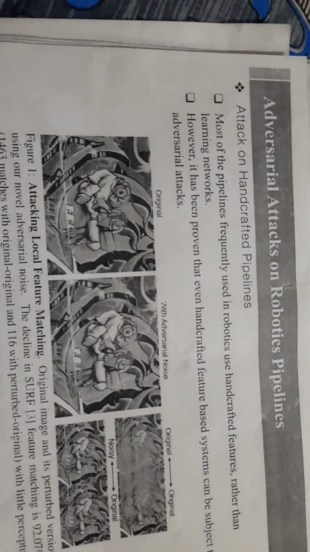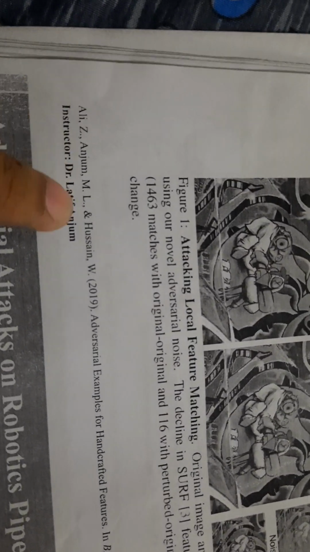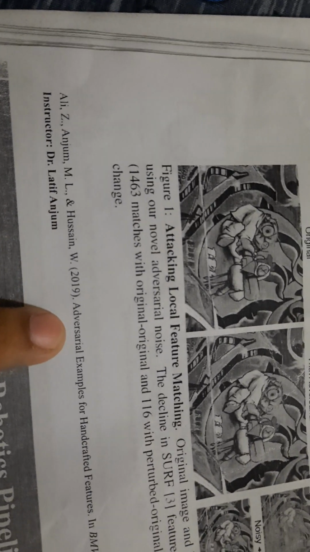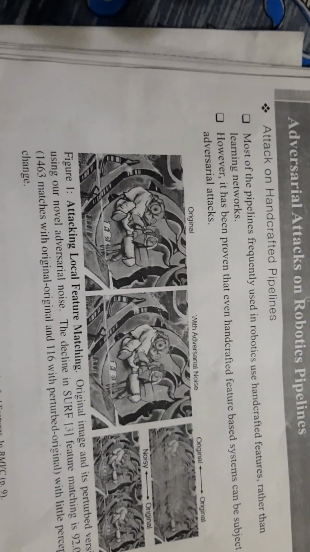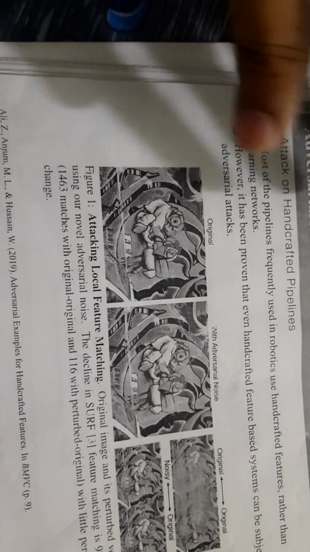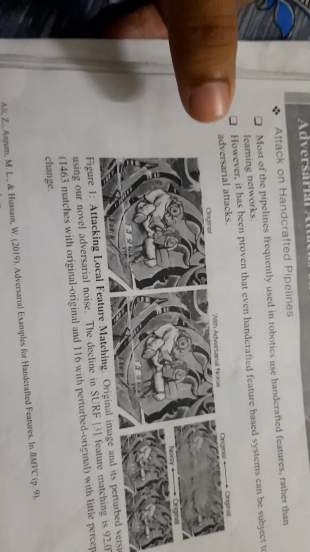Obviously there are many papers on this, but in this video we will be using a paper titled Adversarial Examples for Handcrafted Features. The whole point of this paper is to make adversarial noise so that your ORB-SLAM can be deceived, your PTAM can be deceived, for example, your bag of words can be deceived. So this is what they have done.